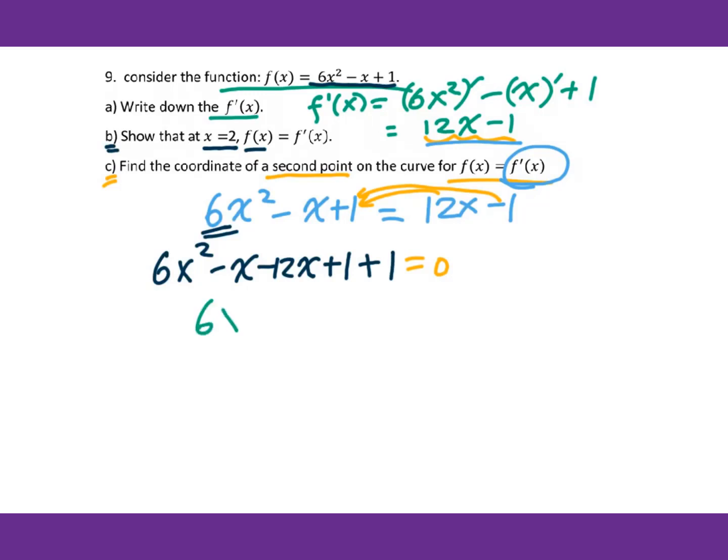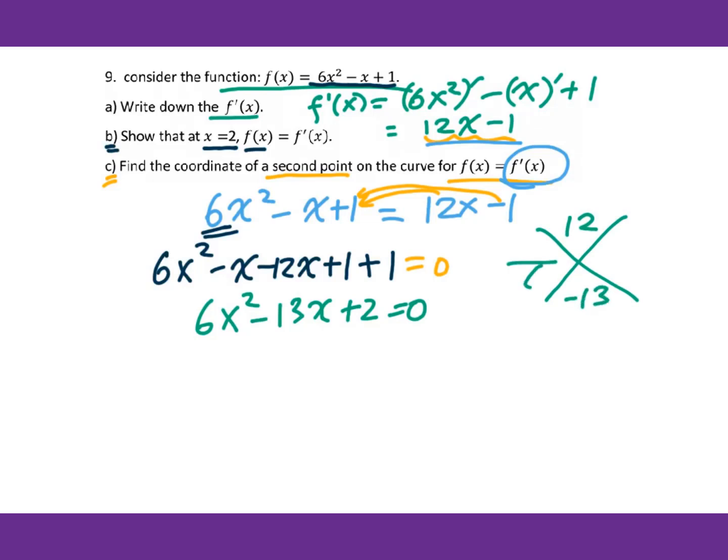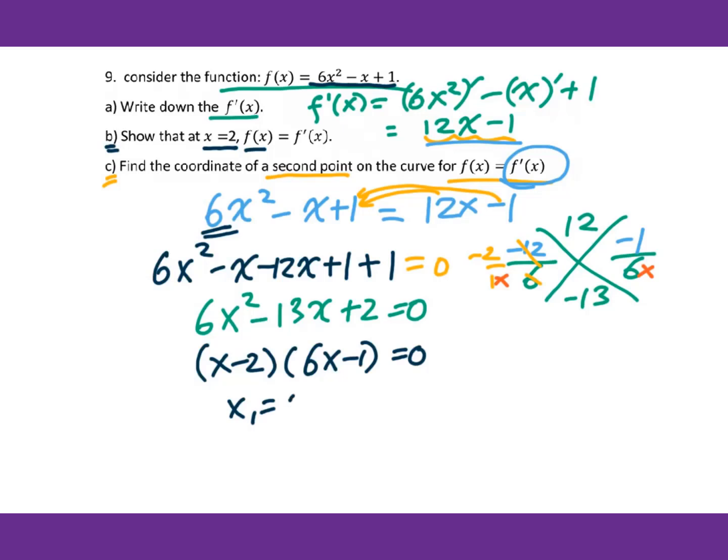Combine like terms: 6x squared minus 13x plus 2 equals 0. We can do the ninja method: x, 12, negative 13 over 6, over 6. Then you have negative 12, negative 1. Reduce, get negative 2, here's 1. Then you have x, x. So we have x minus 2, 6x minus 1 equals 0. x1 equals 2, x2 equals 1 over 6.